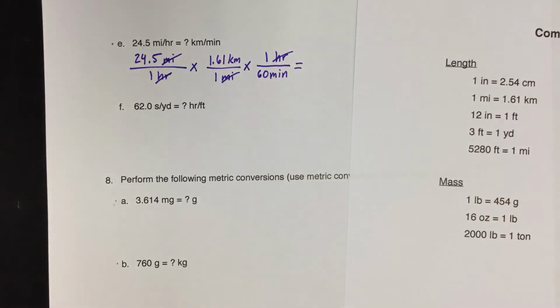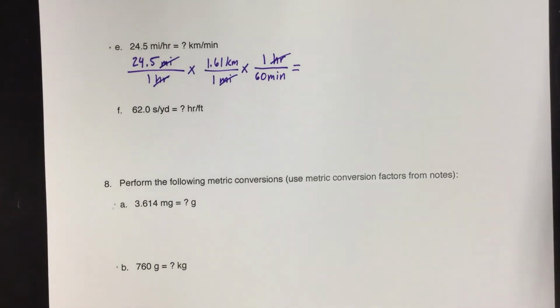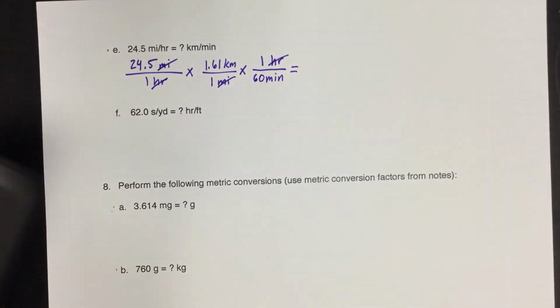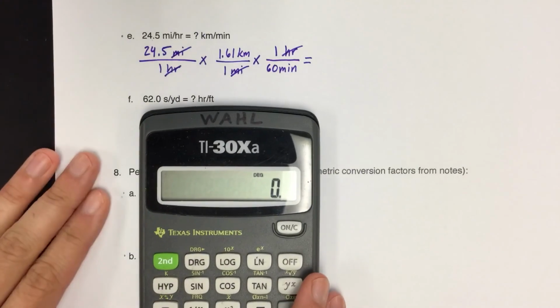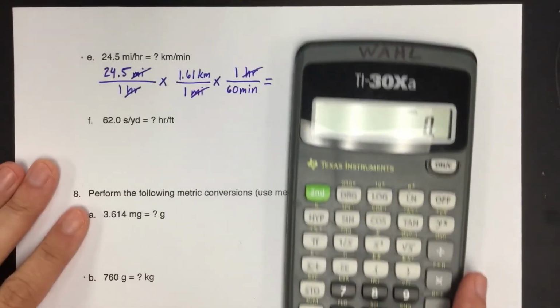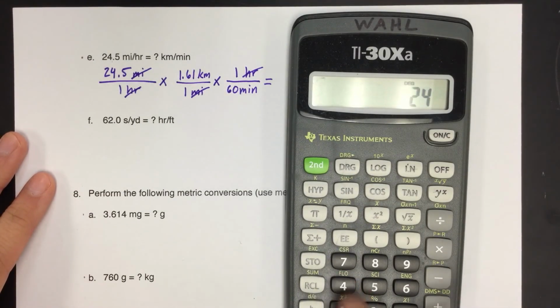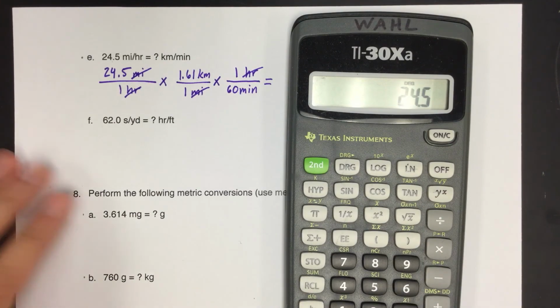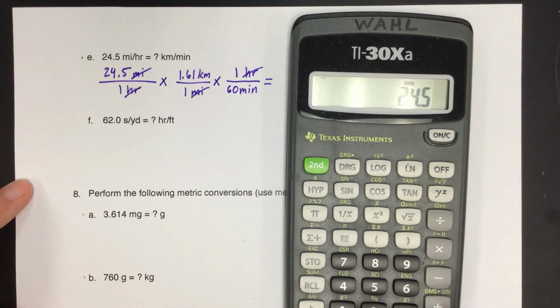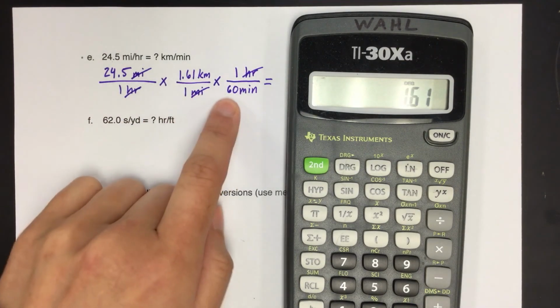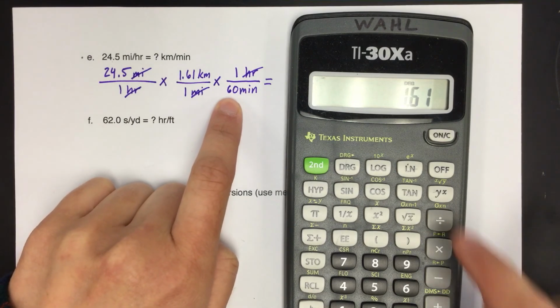All that's left to do now is to do the calculation and then round our answer to the correct number of significant figures. So we're going to type this into the calculator, and we'll start with 24.5. All the numbers in the top you want to multiply. So the 1.61 is in the top. And then the ones you don't have to do anything with. The 60 here is in the bottom, so we need to divide.